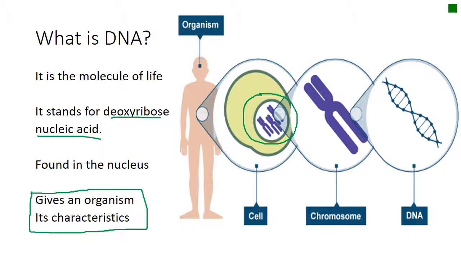Okay? If you go ahead and you magnify the image of what's inside the nucleus, you're going to see a structure that looks like this. And this is a structure that's called a chromosome.